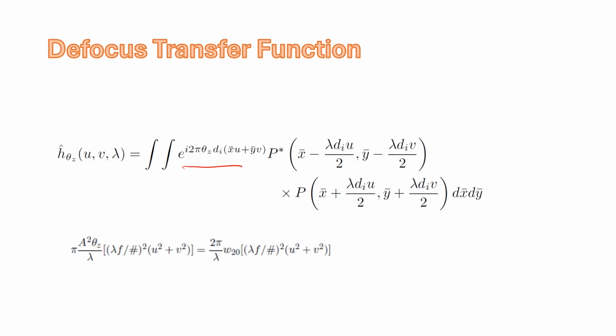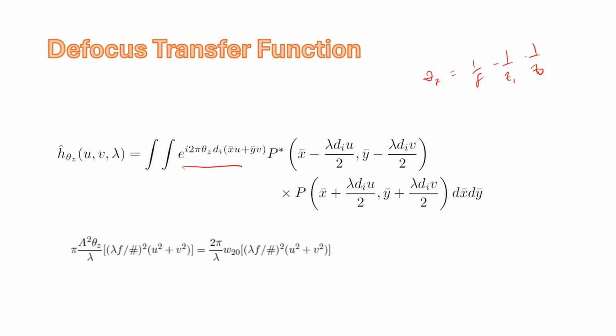Now, theta z is just the defocus error. Theta z is the difference 1 over f minus 1 over zi minus 1 over z naught. So that should be 0 if we were in the focus plane. If that's not 0, that's our aberration term.